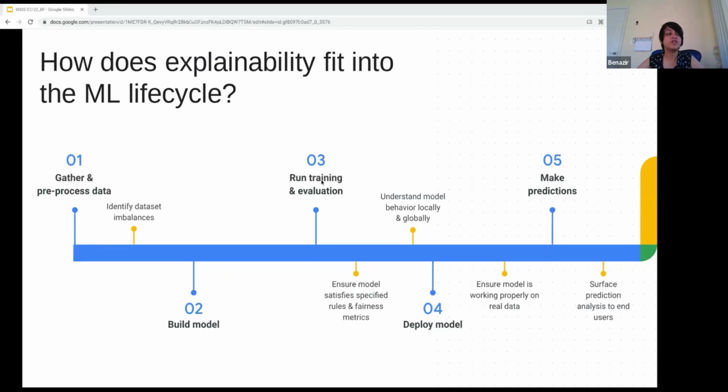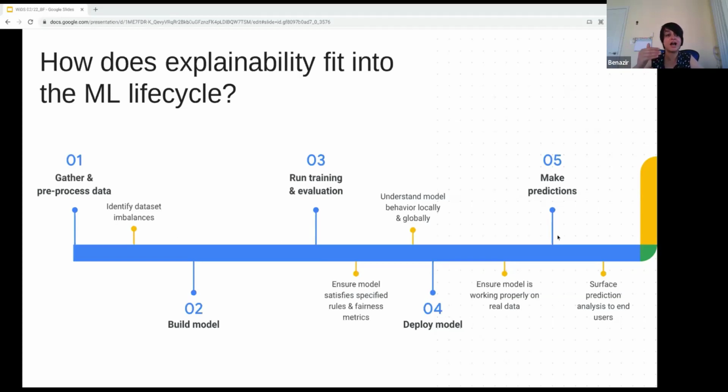Then, after you train a model, can you ensure, based on how it is evaluated, that it will serve fair predictions to the population from which the prediction traffic is coming to this model? Finally, when you deploy the model, you ensure through monitoring mechanisms that it's working properly on real data.